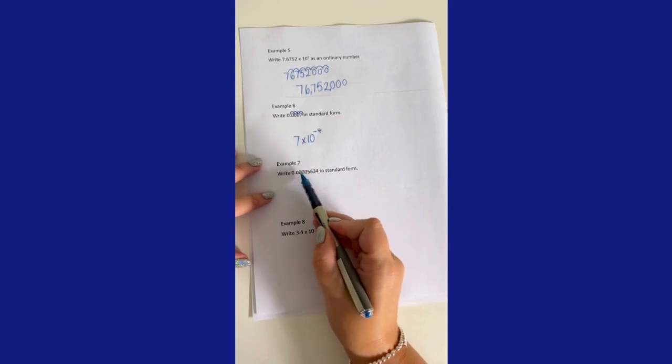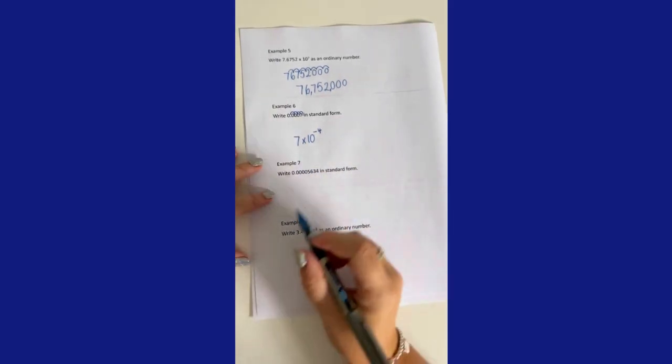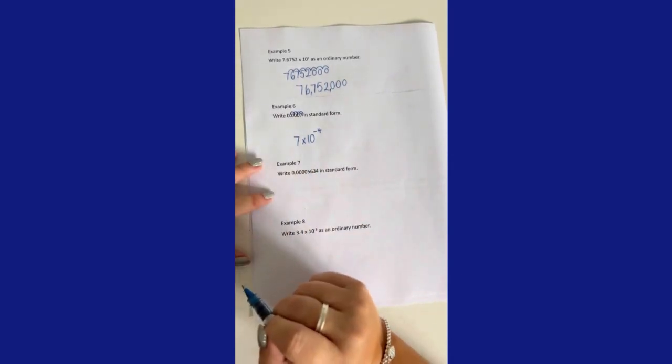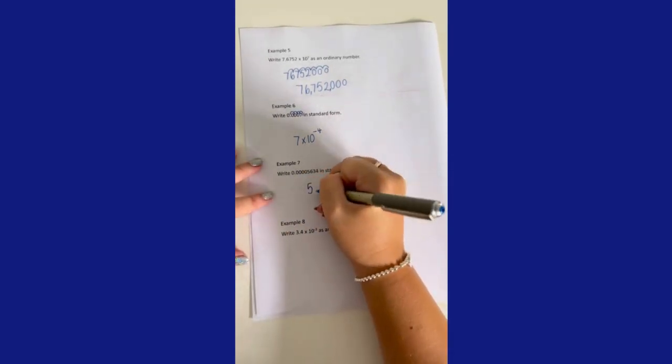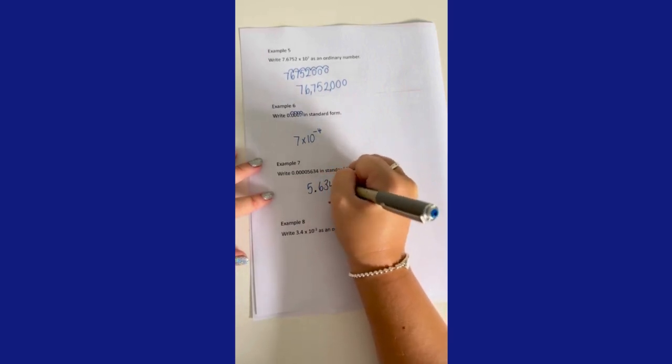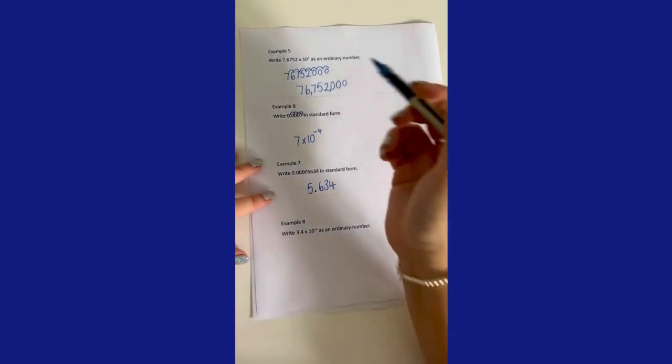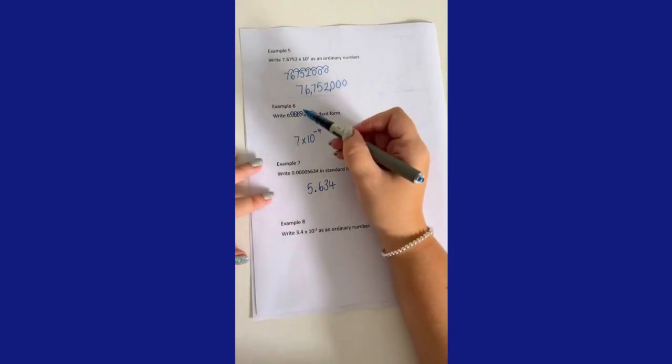Okay, this one's slightly different again, because here we've got 0.00005634. Now I know I need to use all of these digits and I need to make a number between 1 and 10. So I'm going to say 5 and I'm going to insert that decimal: 5.634. Now I know that's where my start number is going to be. Now this time, rather than at the end of the number, the reason we did it at the end here is because this is roughly where we put our decimal.